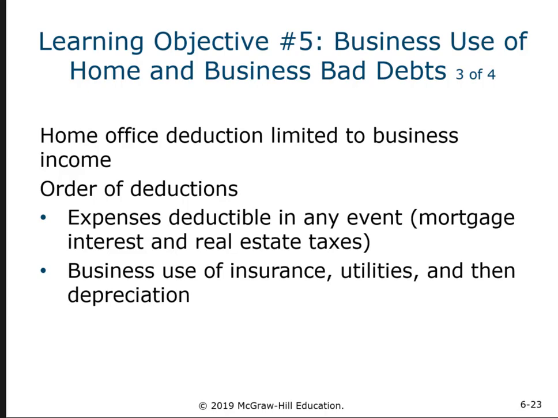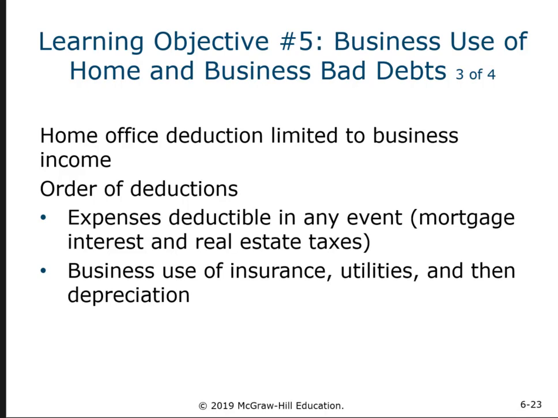So you have to deduct first the portion, the percentage, represented by your home office before you deduct any other expenses. That's kind of a disadvantage, because you get to deduct the interest and real estate taxes anyway, and so you really would like to save those for last in case you run out of income.